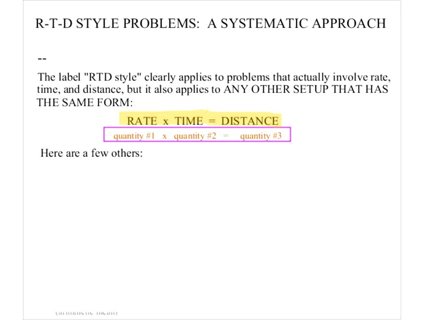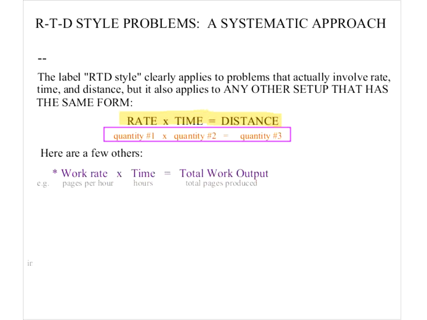A couple of you are citing work rate times time equals total work output. As an example, if you're talking about publishing a book, then you are working with, for instance, pages per hour times hours equals total pages.